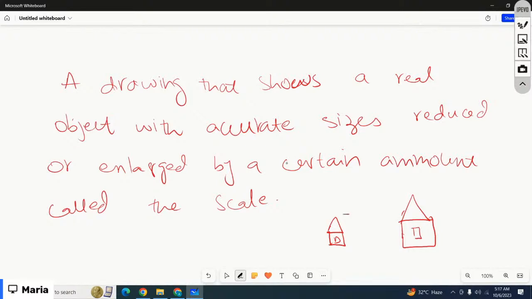This one has the height 8.5 inches. You need to find the height of the original one. The scale used is 2 inches to 5 feet, right? So how do you find the height of the original one?